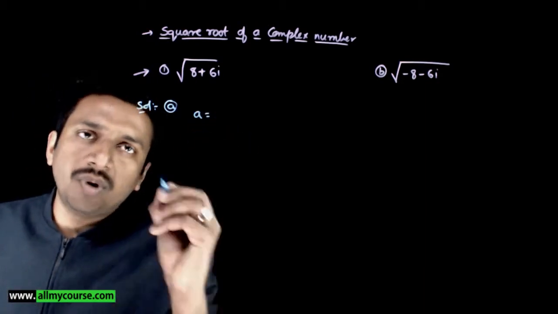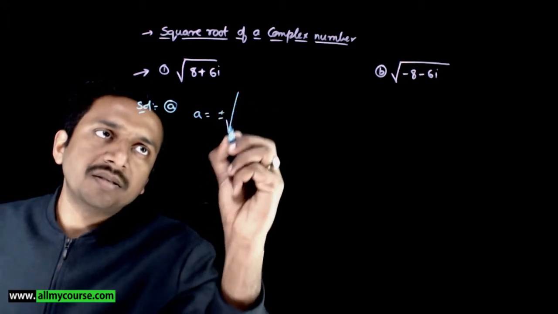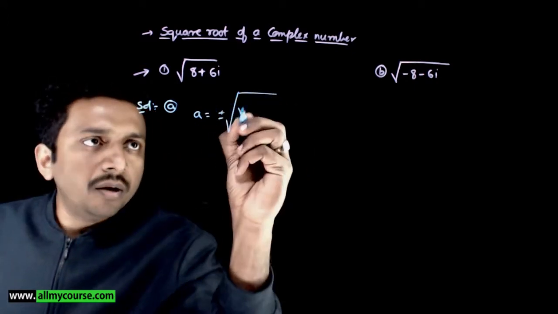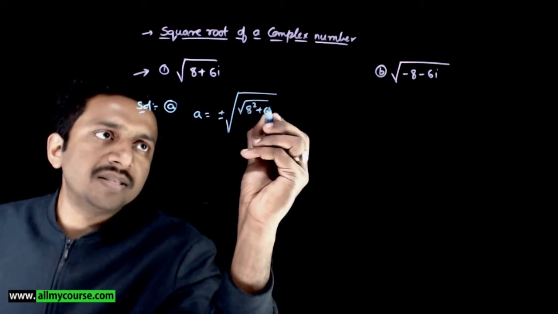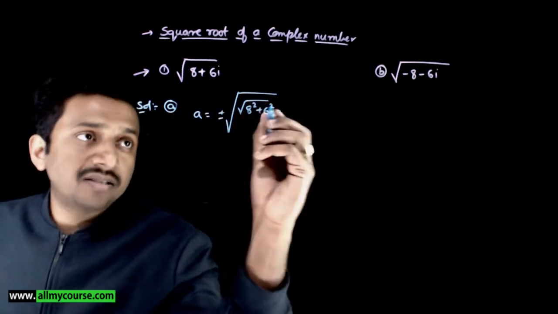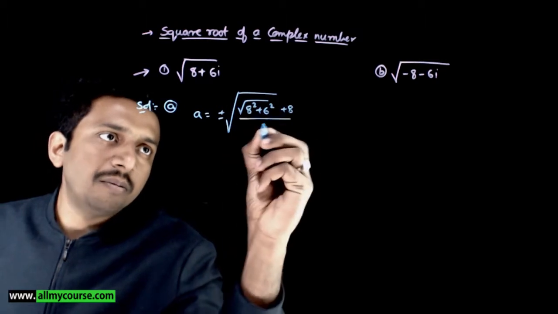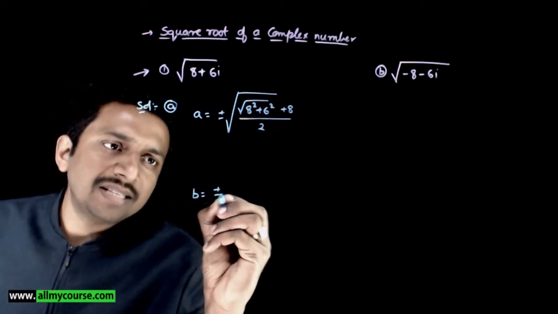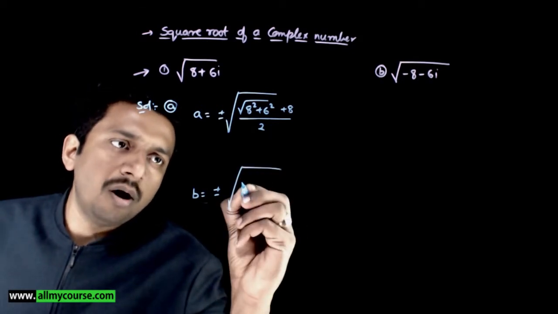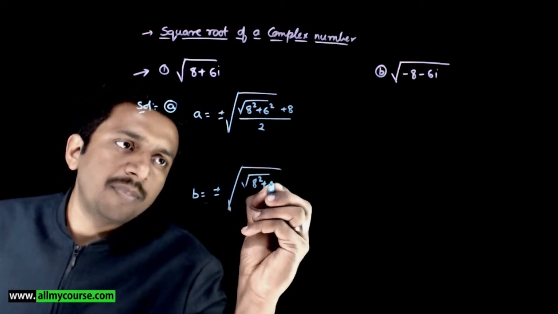So a is equal to plus or minus square root of (x square plus y square, that is 8 square plus 6 square, plus x, that is plus 8) by 2. And b is plus or minus square root of (8 square plus 6 square minus 8) by 2.